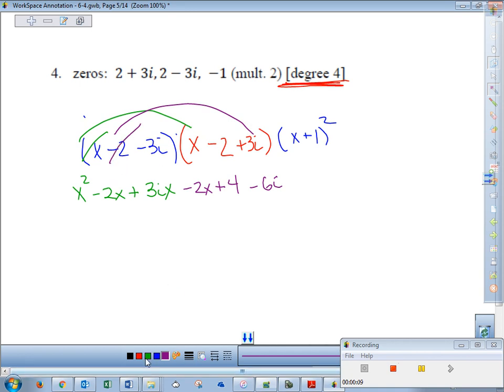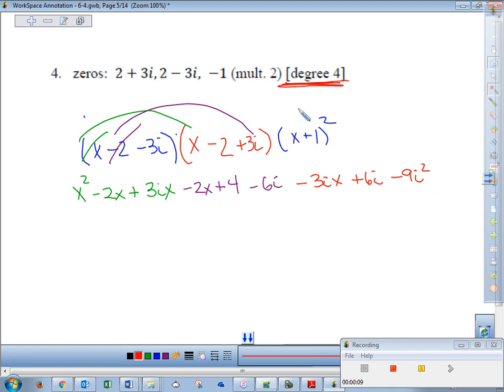Done with that. Then minus 3ix, plus 6i, minus 9i squared. All right, negative 3i times positive 3i is negative 9i squared.